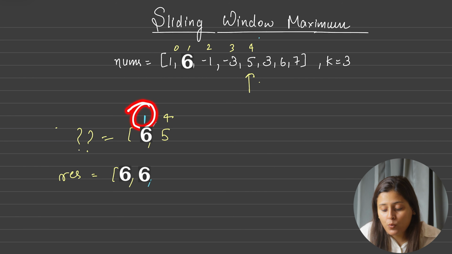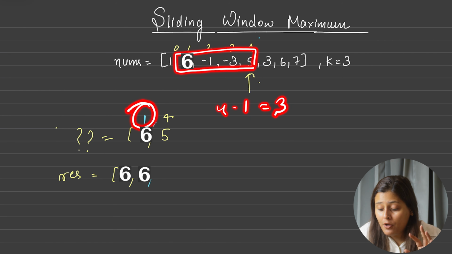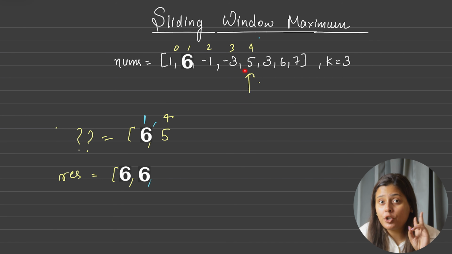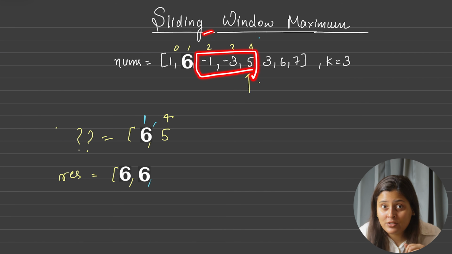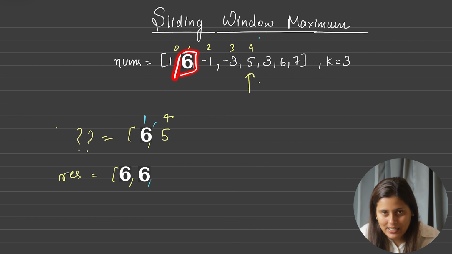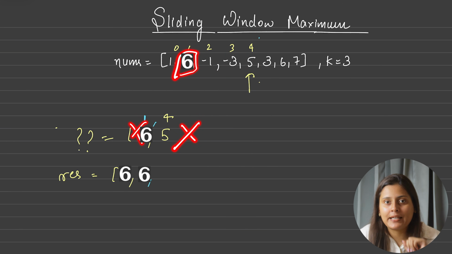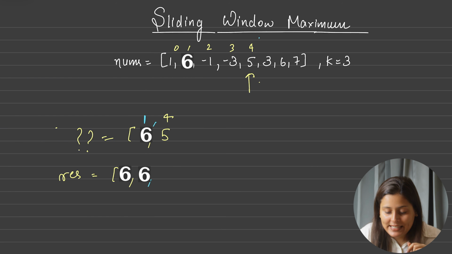So 4 minus 1 is 3, and lengthwise that is 4, and we don't want that. We will allow only a difference of 2, because difference 2 means length 3. Until that only I will allow. So I have to remove this. Now you tell me, will we remove from the last side or from the first side? Obviously the first side.